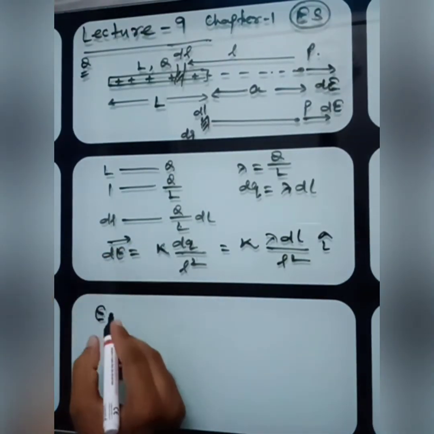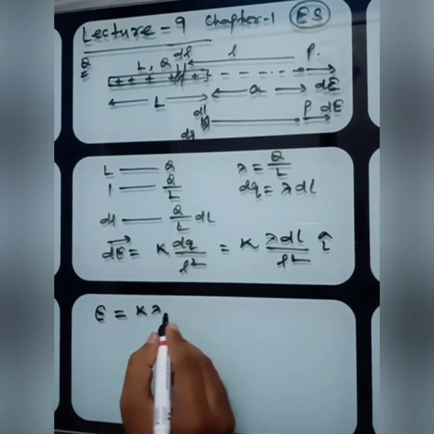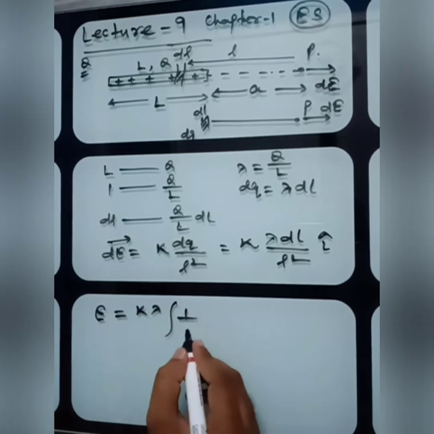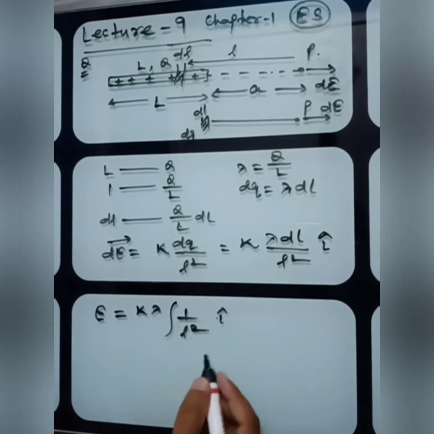So integrating for E, K lambda is a constant, i cap dL. Now the integration: from where is this rod starting?